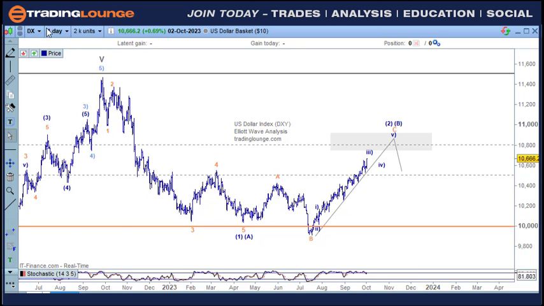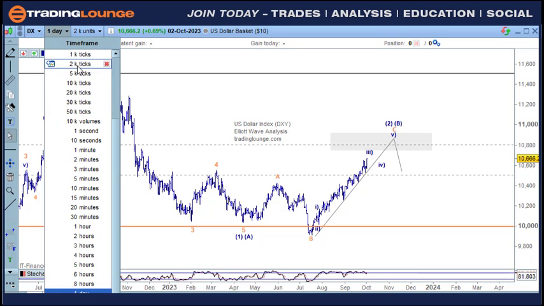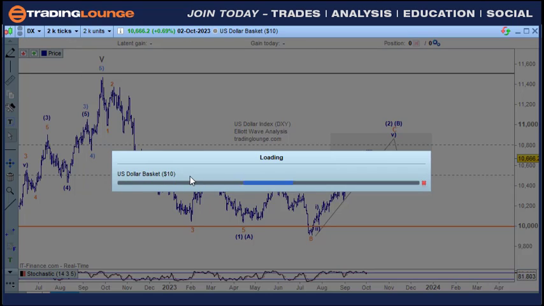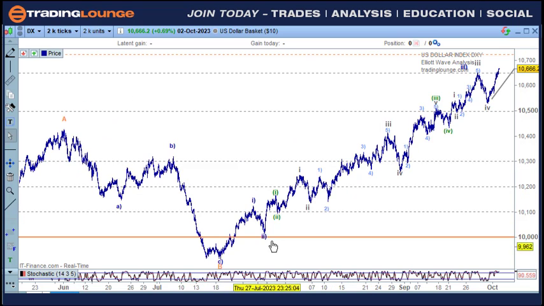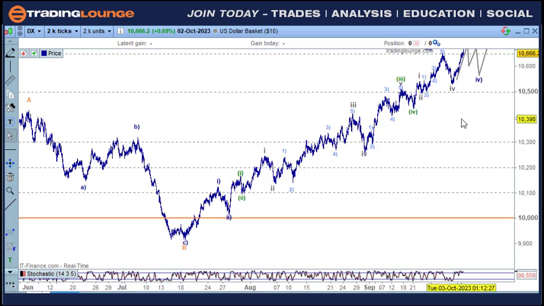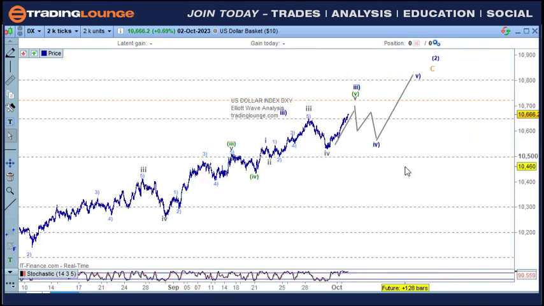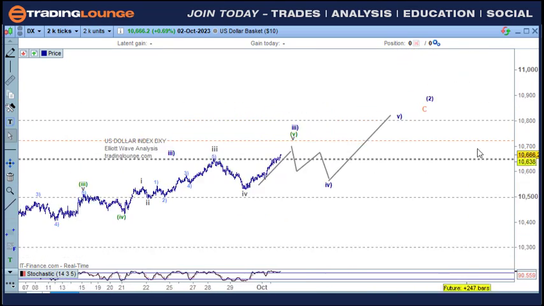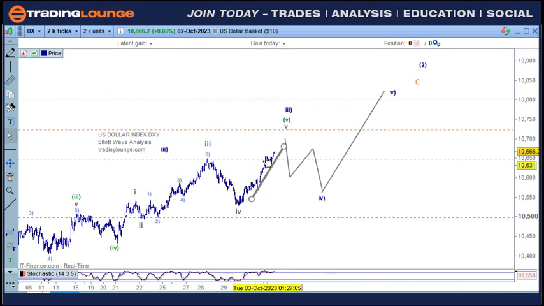Just going into the intraday from the one day, this move up here, I've just been doing my best to count it. It's a bit of a rickety road. But I was thinking that we're heading into this third wave here, and then we'll have the fourth and fifth up here. This here is wave 1 and 2, this will be 3, and this will need to be 4 and 5 here. So it's not quite finished to the top just yet.